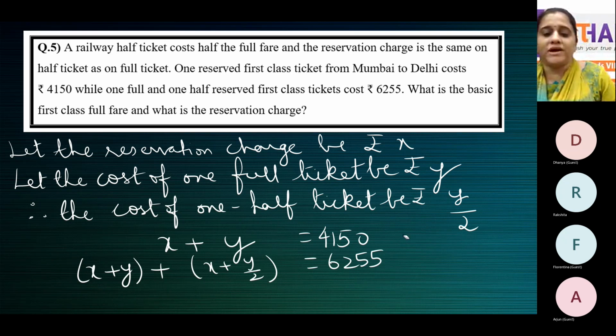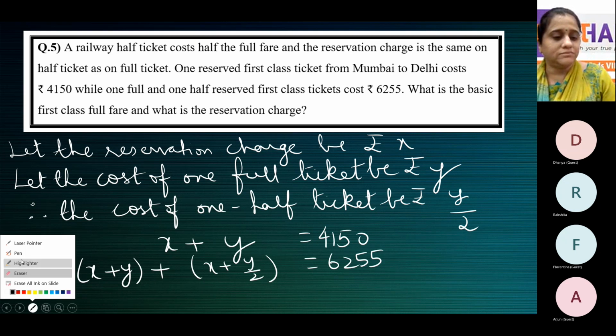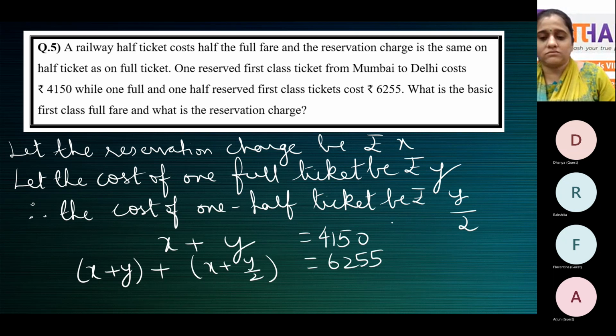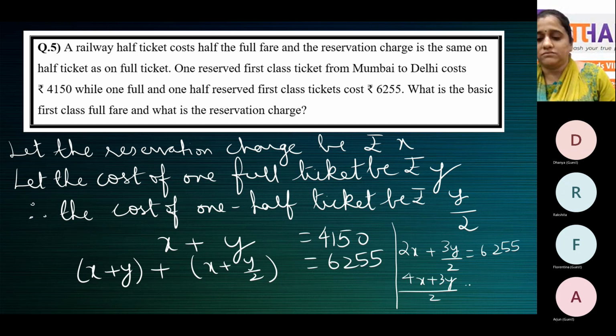But for children who are going ahead with this, I'll tell you how to solve. So you'll get 2x plus y plus y by 2. After taking the LCM, you'll get 3y by 2 is equal to 6255. LCM, 4x plus 3y is equal to 6255.